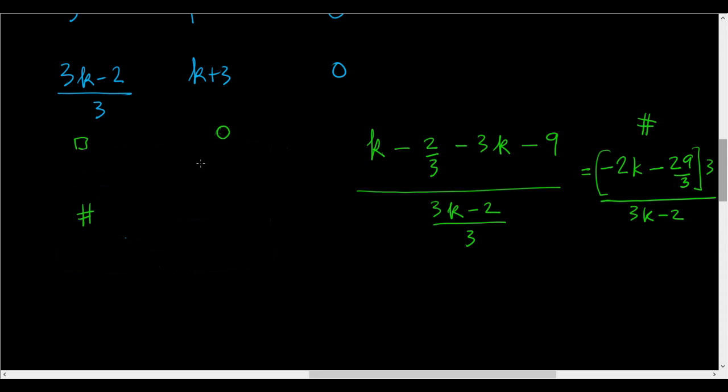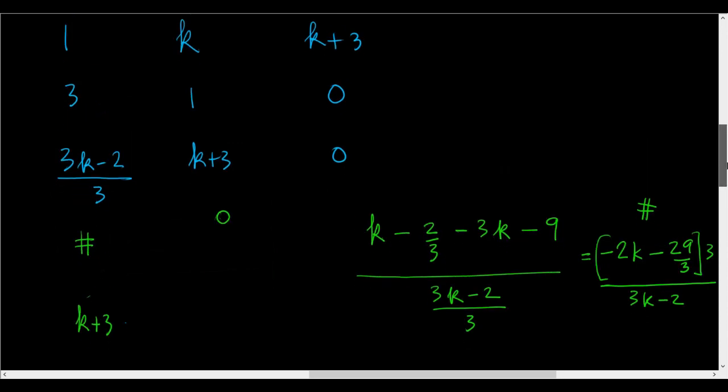Okay, so this number here is hash here, and then this 0 means k plus 3. Okay, very good.